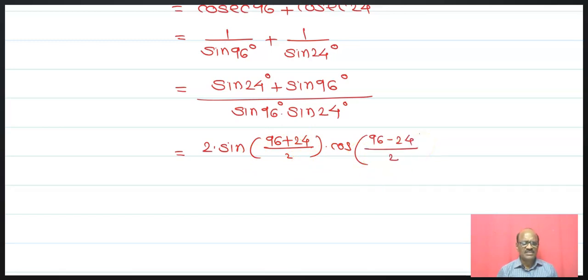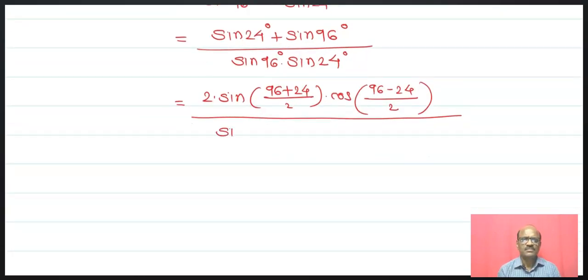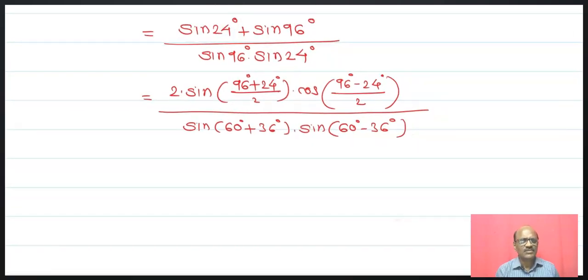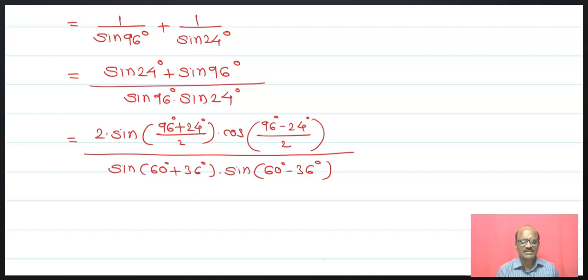Now see this here, upon sine of 60 plus 36 and into sine of 60 minus 36. Now we have written in this manner.